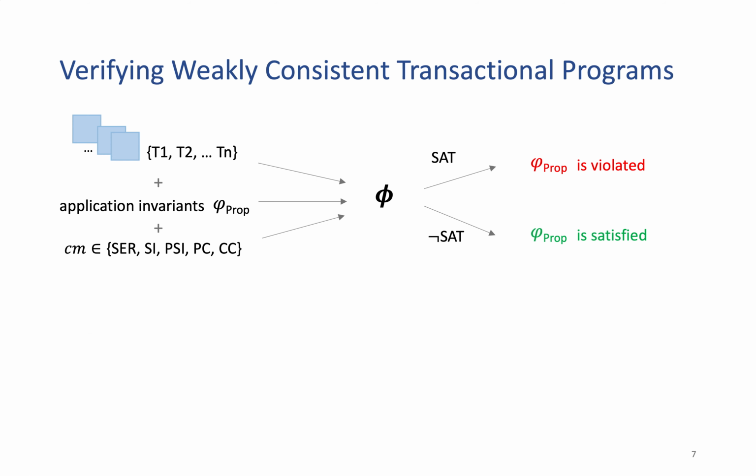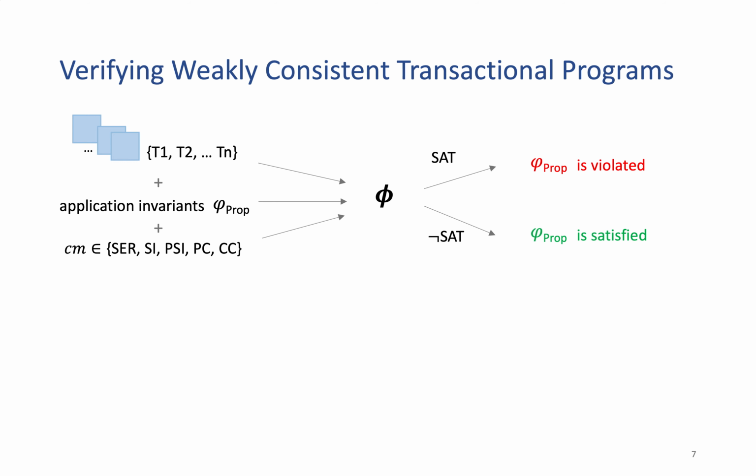Here is the high-level summary of the method. We take as input a set of transactions, T1 to Tn. We take the application invariants, the properties, and also we take from the programmer a consistency model as input, on which we will check the execution.